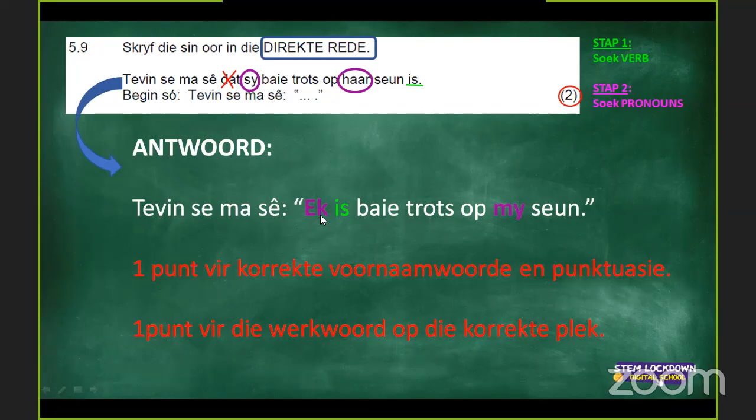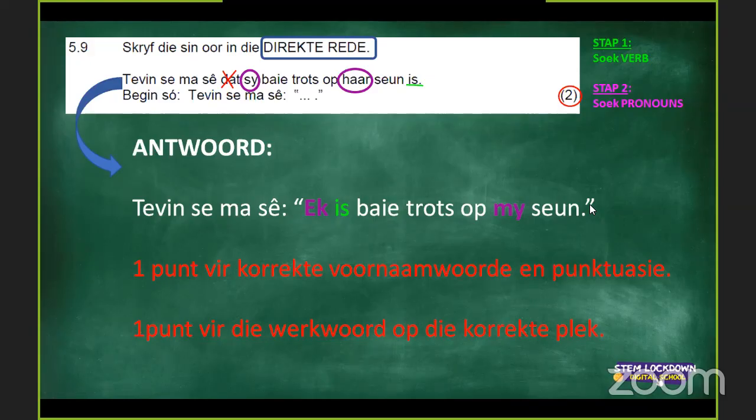So she goes, I'm very proud of my son. So ek, my verb moves back after my subject. Ek is baie trots op my seun. Okay, and then I put my full stop, and then I close my inverted commas.